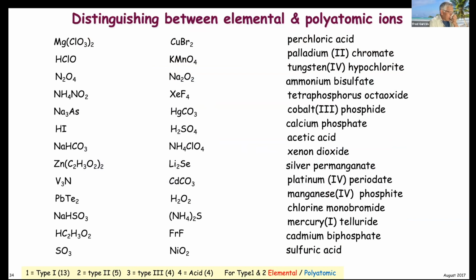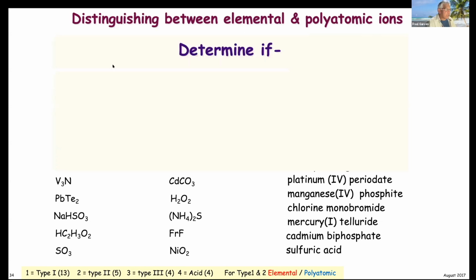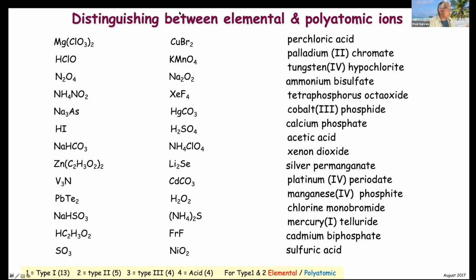So if you take a look at the first one, magnesium, and ClO3 is chlorate, then that means that this is a type 1 compound. Why? Because magnesium has a fixed charge. Copper, the second one here, that's copper and bromine.